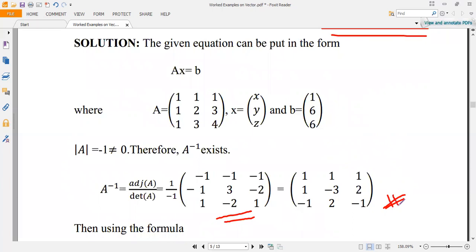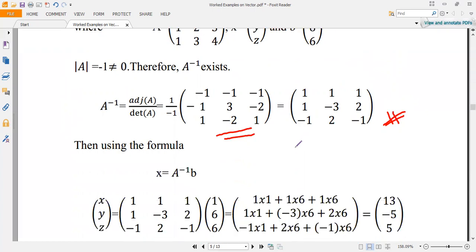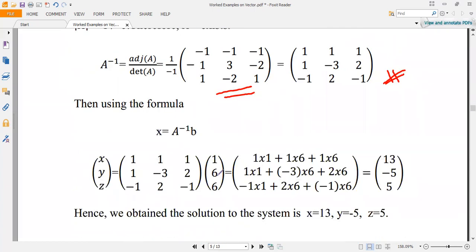Then we multiply this inverse matrix with the column vector B. Then we get a 3 by 3 times a 3 by 1 matrix. So X, Y, Z is equal to A inverse times 1, 6, 6. So multiply 1 times 1, 1 times 6, plus 1 times 6. And the next row is 1 times 6 minus 3 times 6 plus 2 times 6.